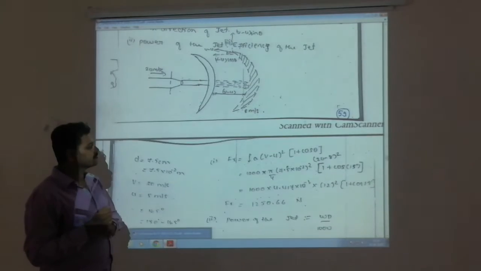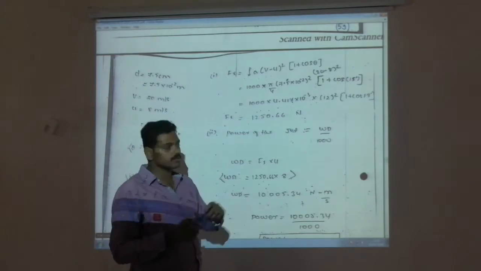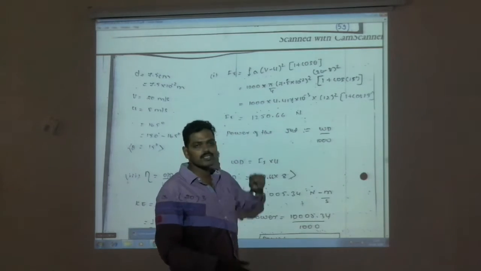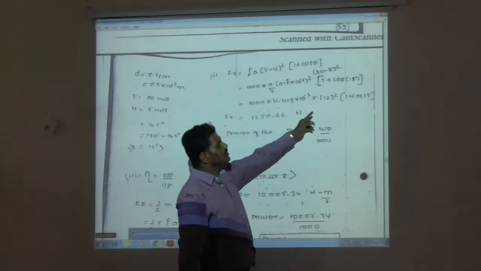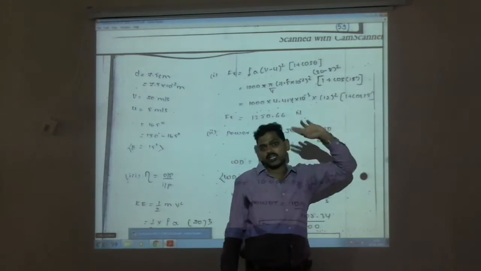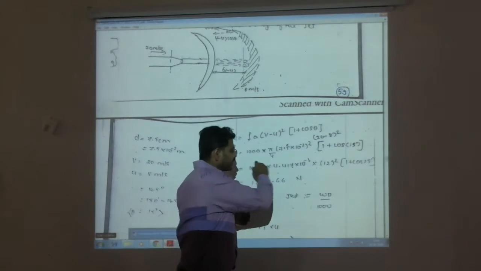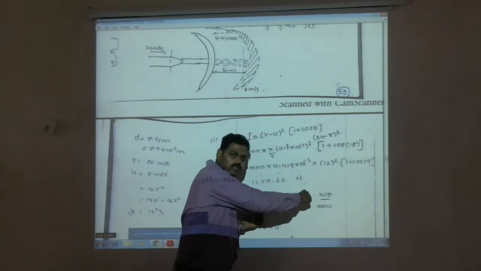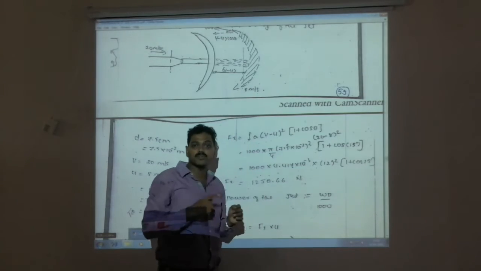The next, here we have to go with the first problem. Fx is equal to rho a v minus u whole square into 1 plus cos theta. Just do the substitutions. Here we can see that theta is 15 degree, but deflection ಅಂತ ಕೊಟ್ಟಿರೋದು 165. ಆಗಲೇ ಹೇಳಿದೆ, if you just draw a semicircle, or if you are taking between 2 points, the angle is 180 degree.